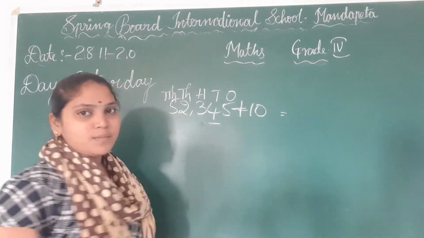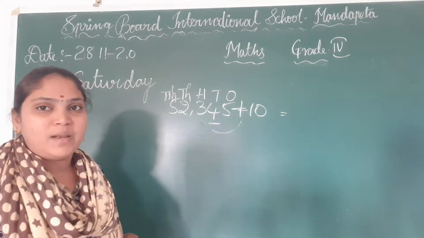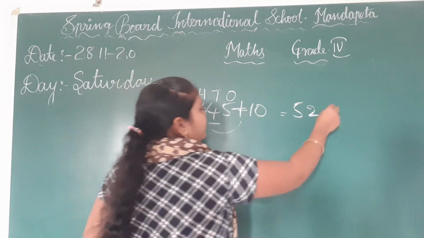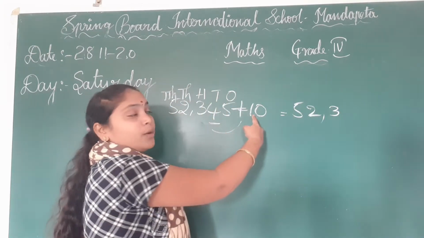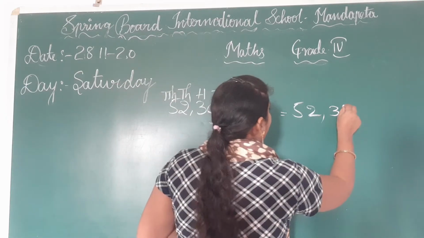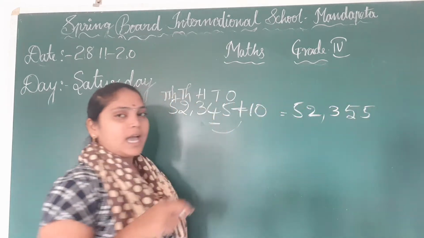So this is the tens place, 4. You have to add 1 in the tens place of the digit. 4 plus 1 you have to add 1 in the tens place children. So 4 plus 1 is 5 and write the remaining digits the same.